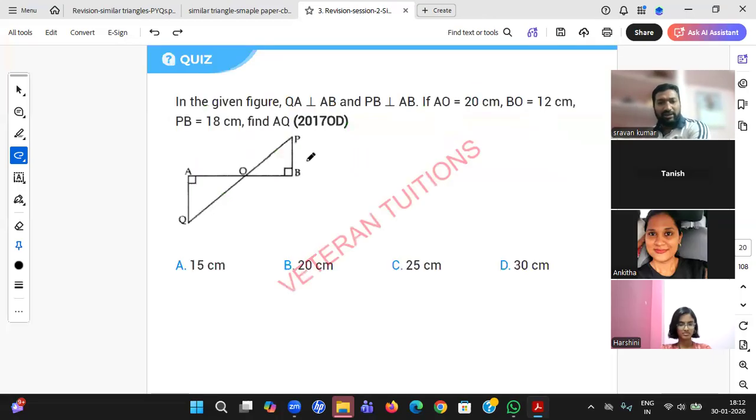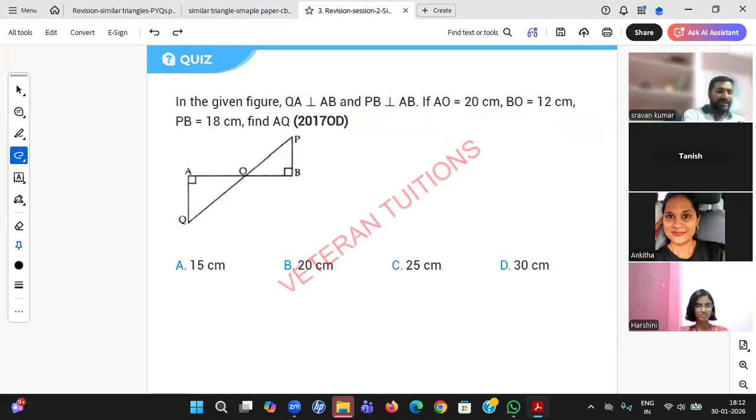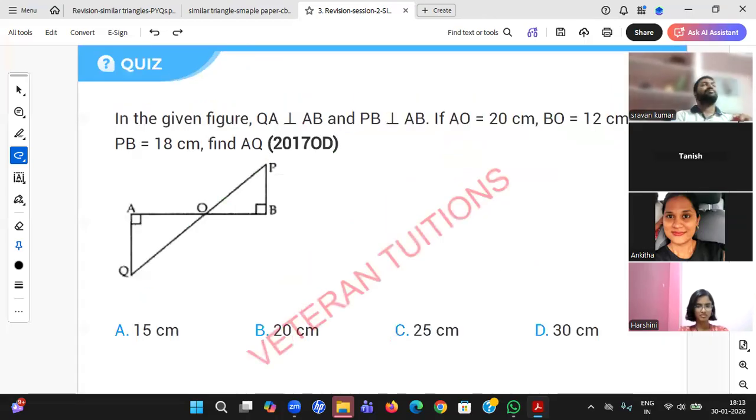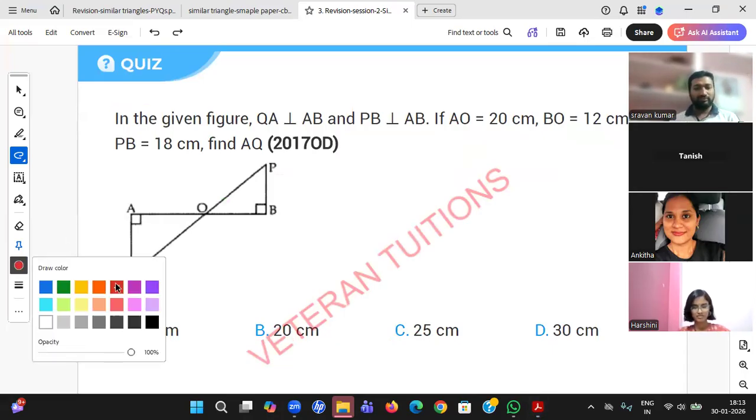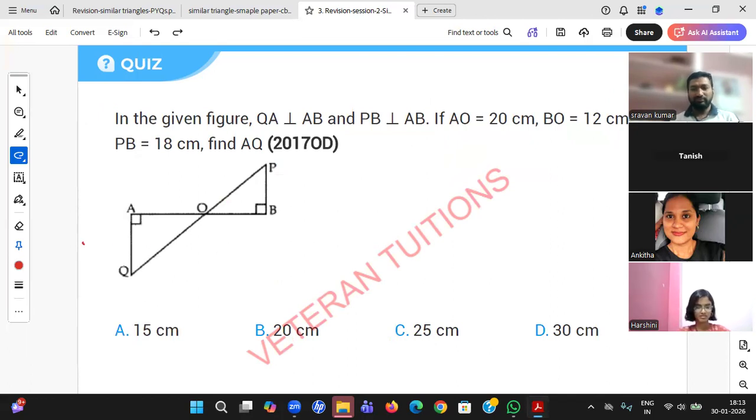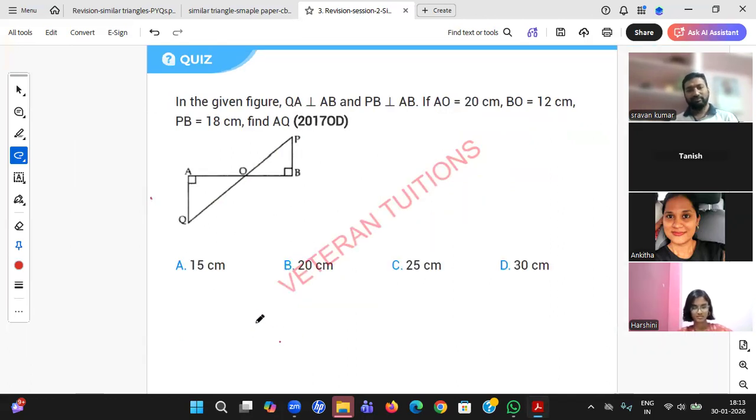With that, let us do one question on AA similarity. Check AA similarity, students.